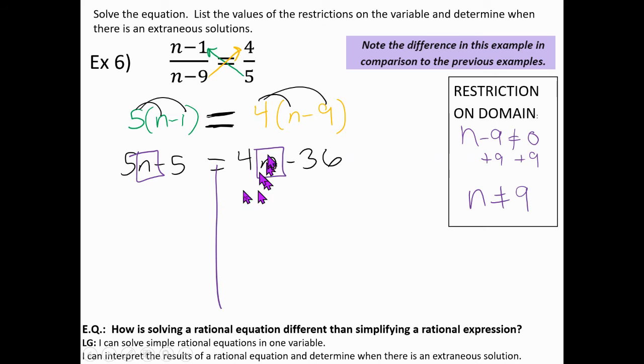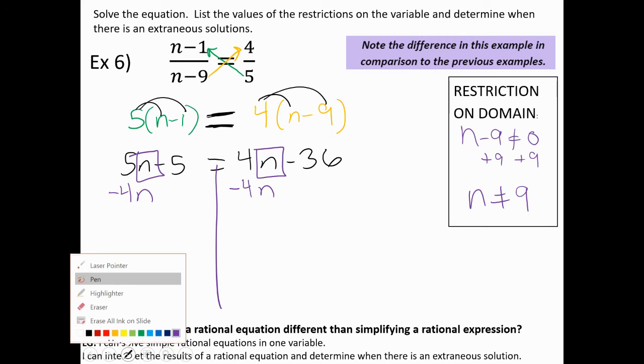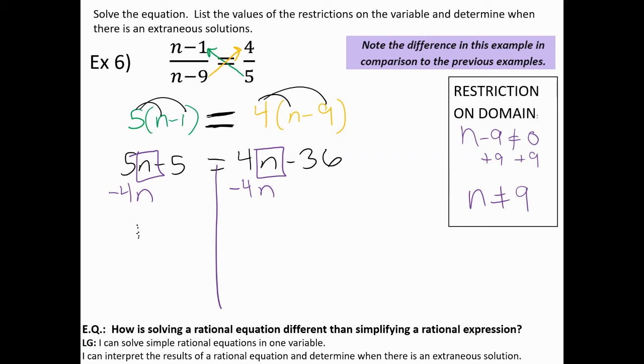Since they're on opposite sides, you want to do the opposite to move it to the other side. So 4n is over there. We're going to do the opposite of positive 4n, and we're going to subtract 4n from each side, so that then they're on the same side. Remember, whatever you do to one side, you've got to do to the other. And since the n's are on opposite sides, you do the opposite to move it to the other side. And 5 minus 4 is just 1n, or n.